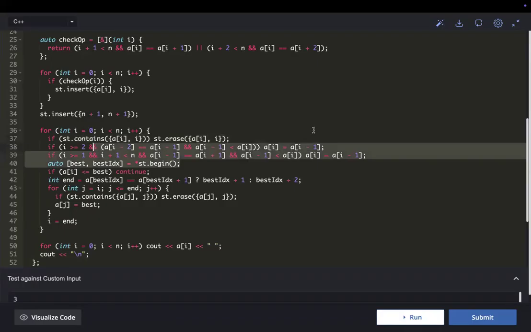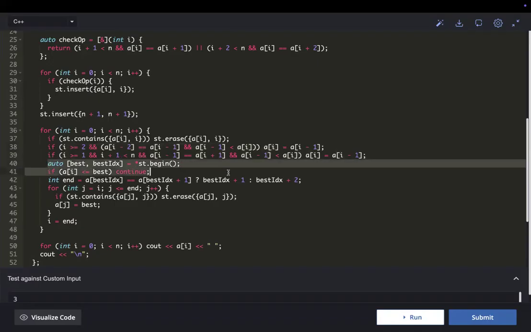These are the two lines, as we discussed earlier, that sometimes it might be good to use the element on the left hand side for making the current element smaller. So if you can make the current element smaller by using that guy, then just make it smaller. Next, I'm using the set to find out the best possible value which I can put at the current index. In case the current value is smaller or equal to the best possible value, then just continue. Otherwise, find out the index till which I will have to update everyone.